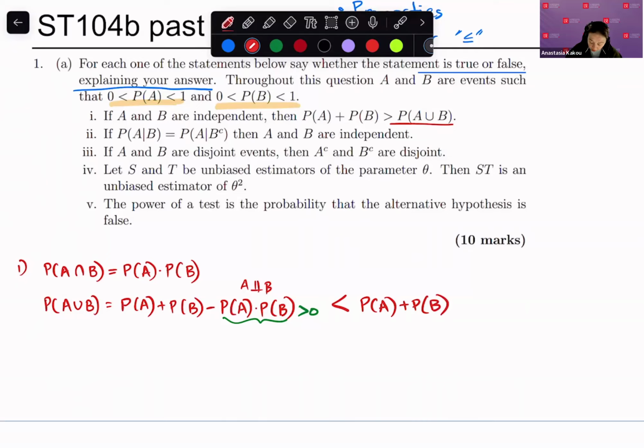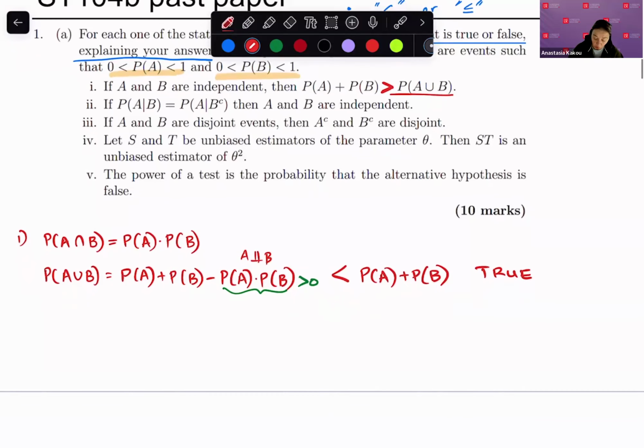Because we have strict inequality there, that concludes that the statement is true. You need to write the final conclusion after you have done your work. So this is a true statement, and this is the justification.